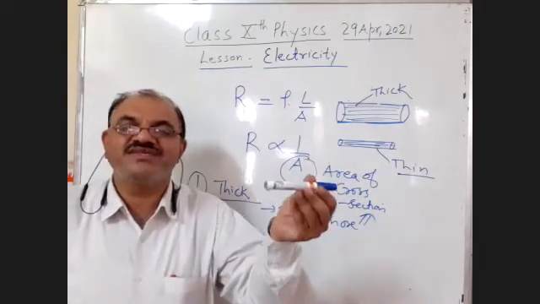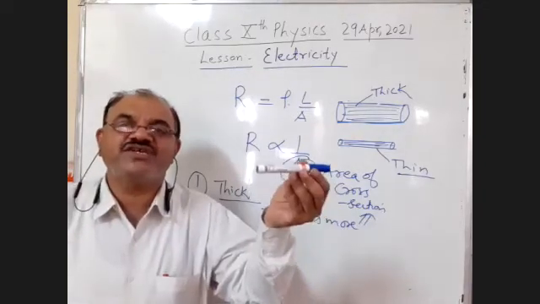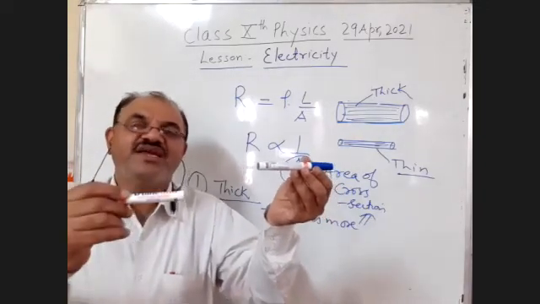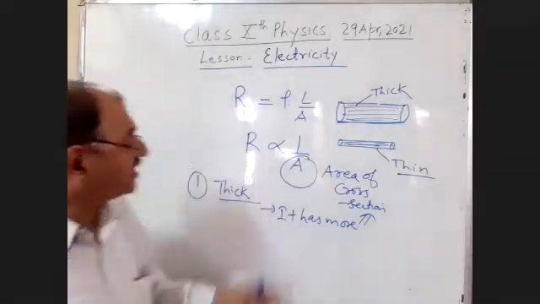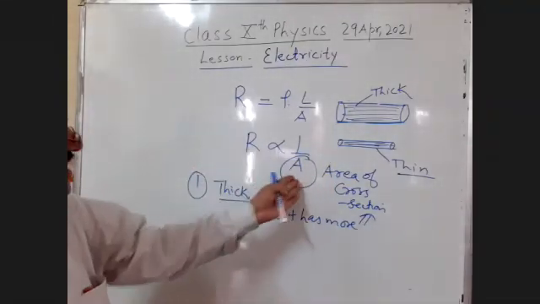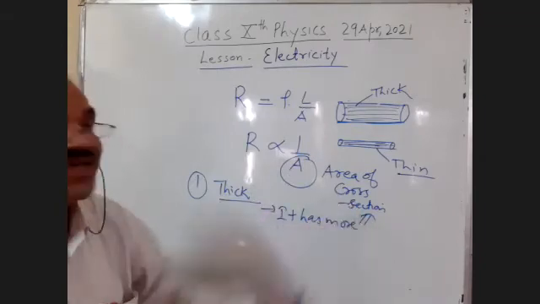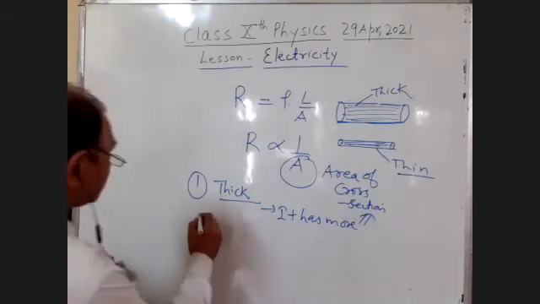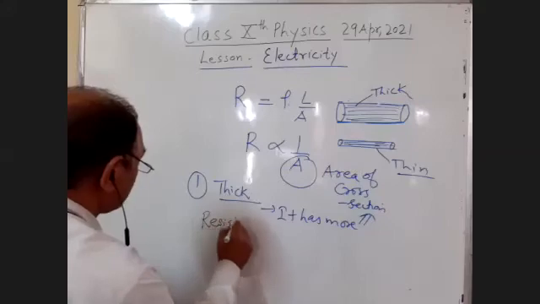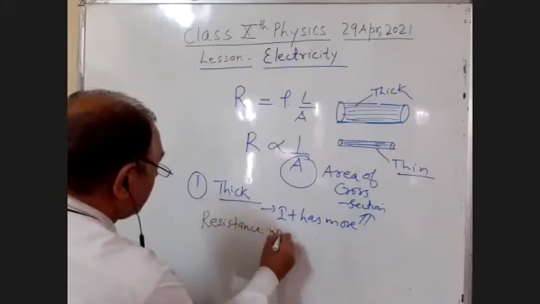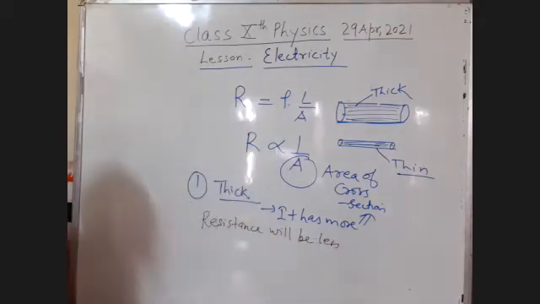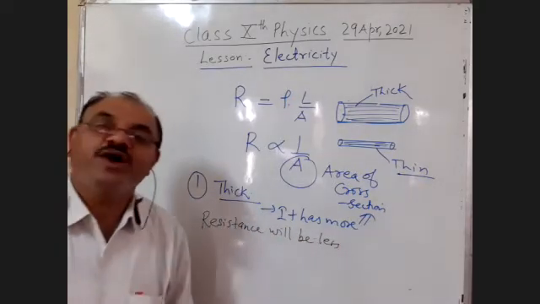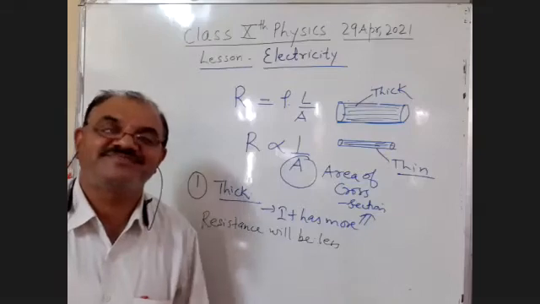Is it clear, students? Given that the wire is thick, the area of cross section is more and the resistance will be less. Now, students, we have reached the point that the resistance is less.